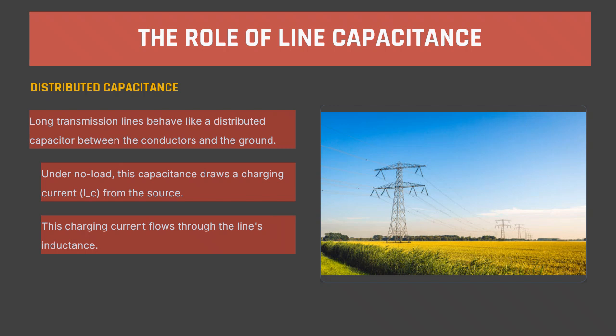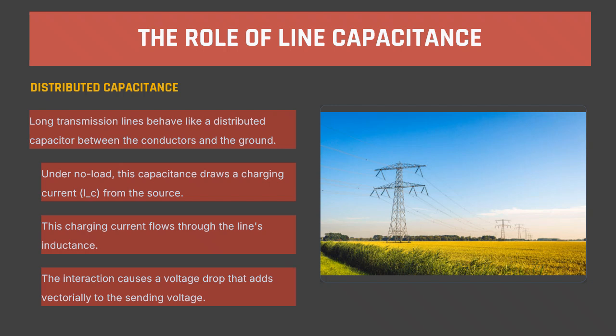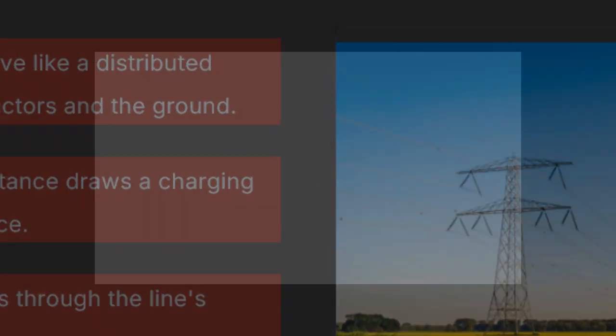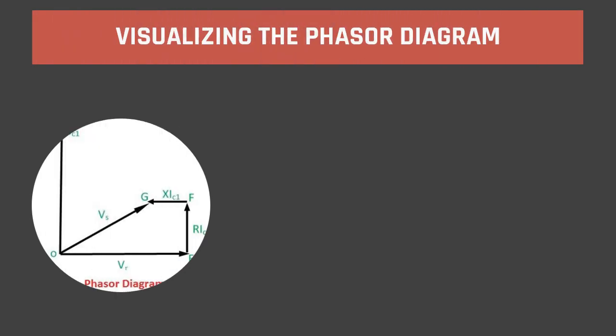This I_C then flows through the line's inherent inductance. The resulting inductive voltage drop interacts with the sending voltage in a way that, surprisingly, causes the receiving end voltage to rise. It's a battle between the capacitive and inductive components of the line.